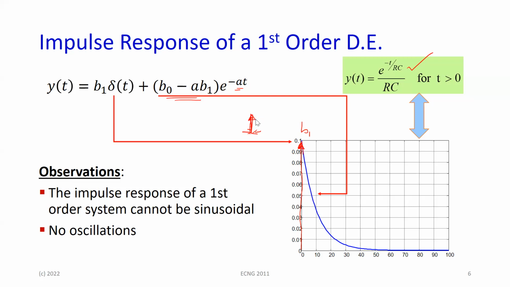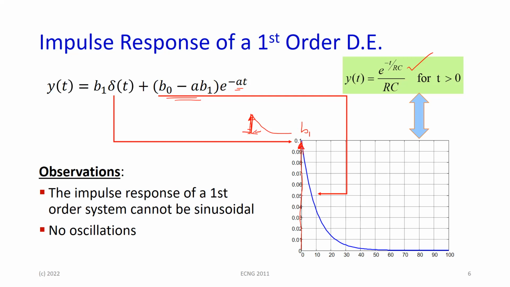So whatever it happened to charge during that brief duration of the impulse just simply dissipates after a while, and that is determined by the RC constant for the circuit.